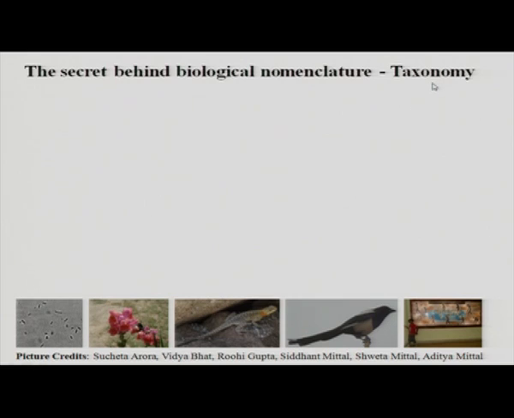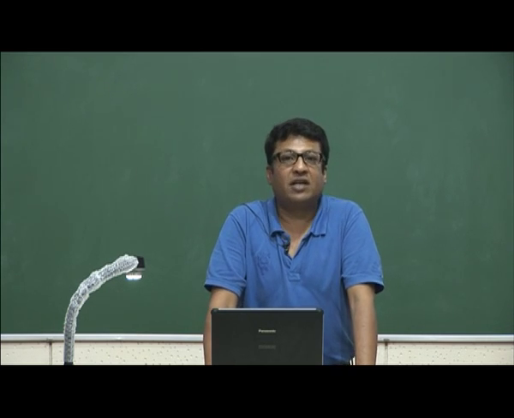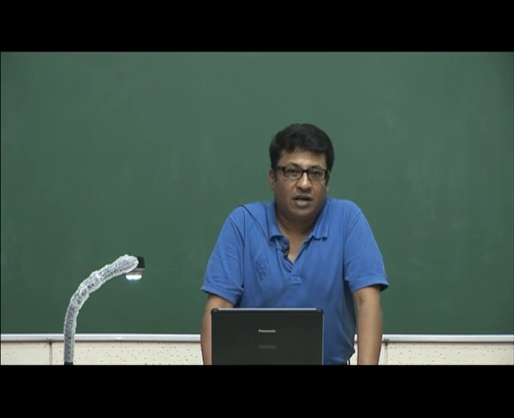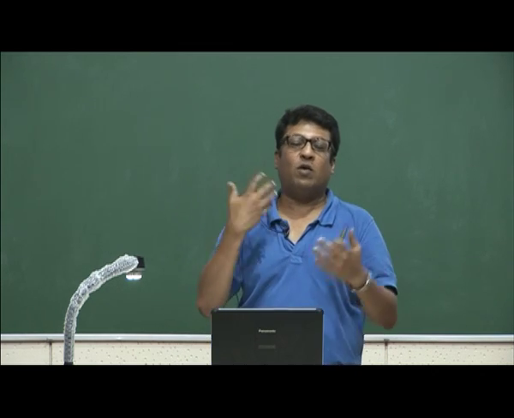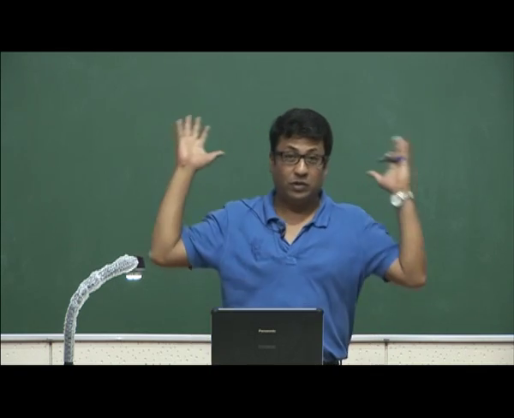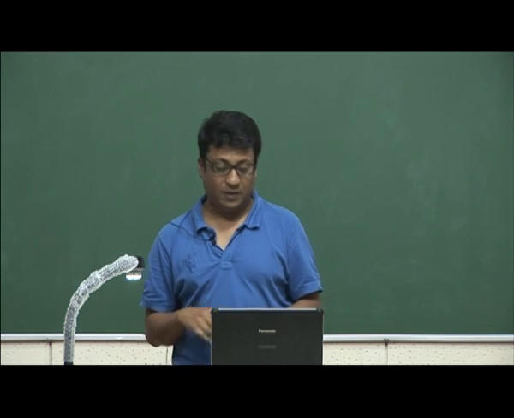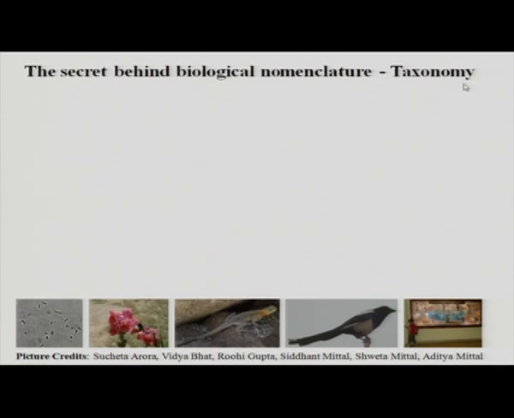People see big names, students see big names, even teachers see big names, or even my dear colleagues from other branches of engineering and science see these big names: Escherichia coli, Saccharomyces cerevisiae, Caenorhabditis elegans. The moment they hear these kind of words coming out of my mouth, they get confused and they are like, all biology is about memorization, we can't remember these terms. Well, naming of living forms is called taxonomy.